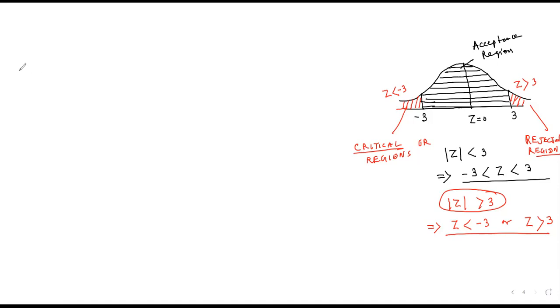Another important point is what happens when we select a one-tail test and a particular level of significance. So I'm going to write that case also.